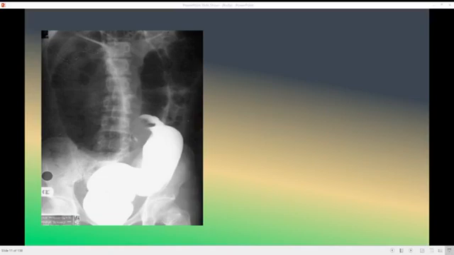We receive some answers. Very good. Most of them are right. This is the patient with sigmoid volvulus, and this is the barium enema trying to overcome the sigmoid volvulus.